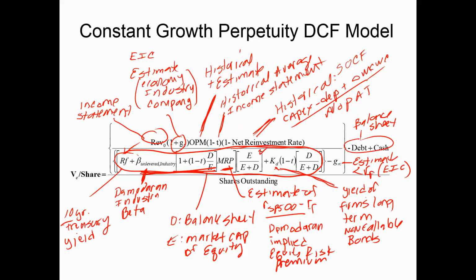For cost of debt, I'm going to look in Morningstar at, say, yields on their long-term non-callable bonds. I'm going to use the historical tax rates and the current values of debt and equity. For infinite growth rate, I'll assume the company grows at something less than the nominal growth of the economy. So let's grab the model.